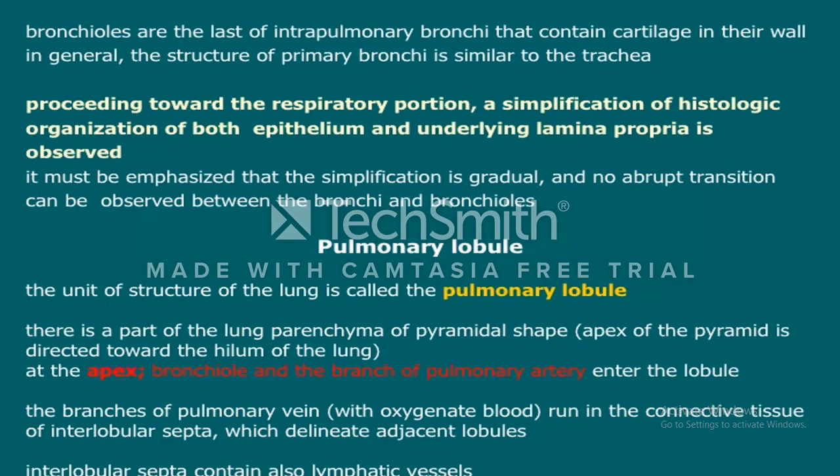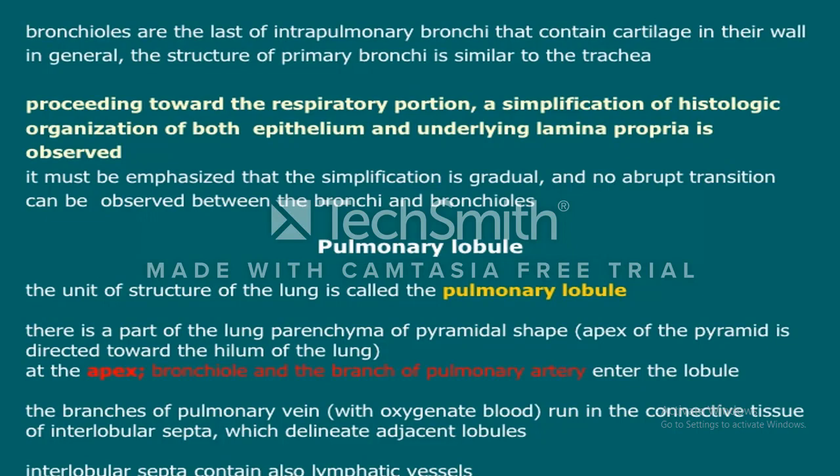Why is this part flat and the apical very narrow? Because in this part you have alveolar and alveoli, and in the apical part of the lobule only bronchiole. Okay, the lobule of the lung is triangle-shaped.